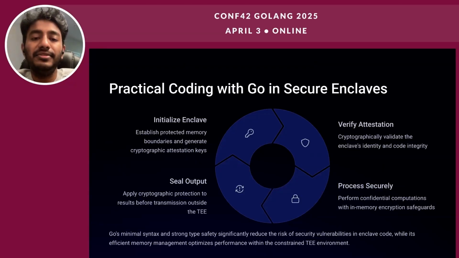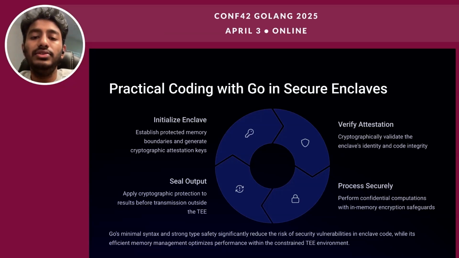Coding inside enclaves. So let's talk implementation. How does this actually work in practice when you're writing Go code for TEEs? The basic flow usually looks like this. You initialize the enclave, which sets up an isolated memory space and generates secure keys.